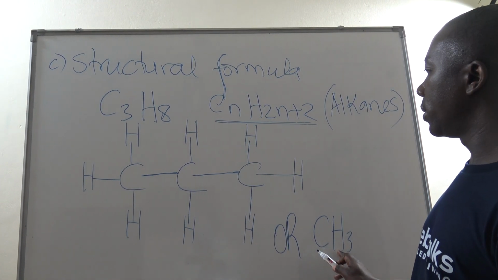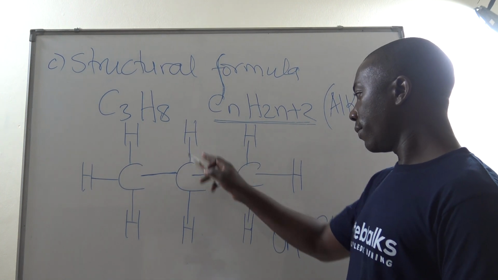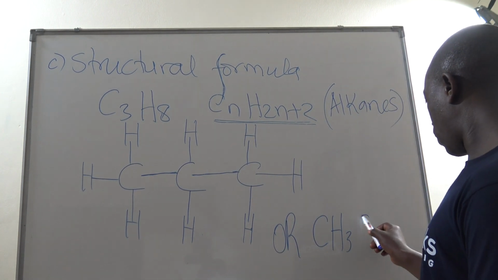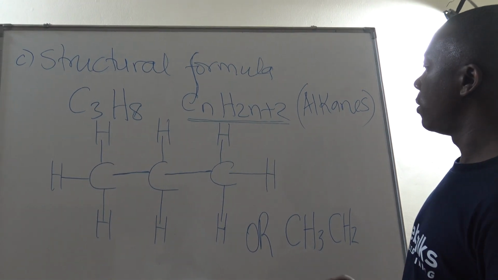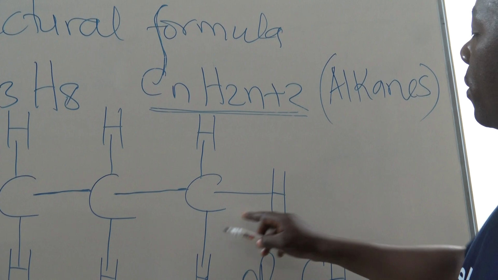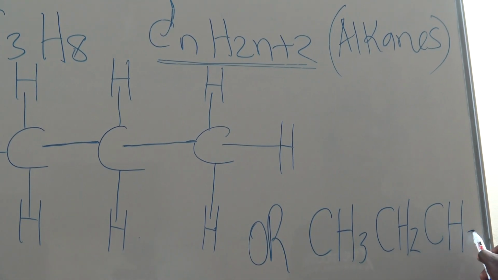These are 3 hydrogens on that first carbon. Then this carbon has 2 hydrogens. Then finally this carbon also has 3 hydrogens. So that is how we can represent it.